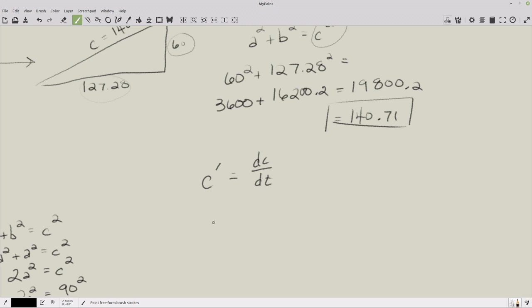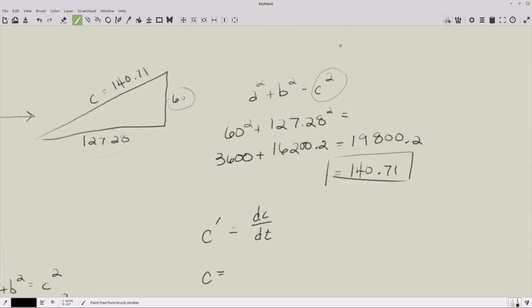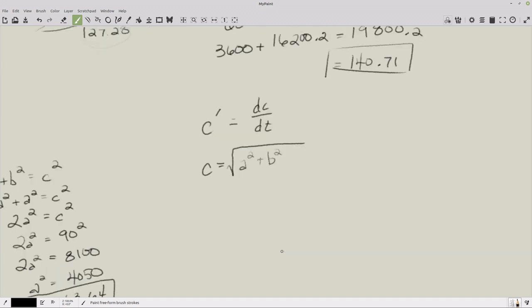So let's find that formula. So that formula is going to be c equals, and I really am just plugging the values in here, right? But I'm going to have the square root, because I'm solving for c, of a squared plus b squared. Okay, this gives us the value for c. Now the question we have to ask is, we're going to do a derivative with respect to time.